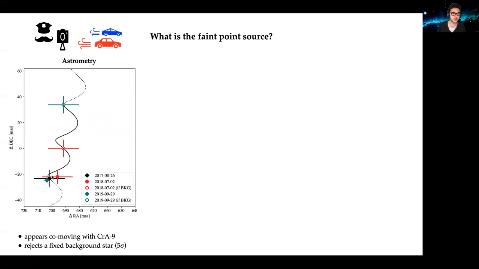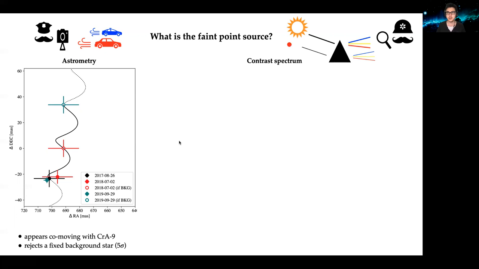When we put the relative position of the point source with respect to the star at the 3 different epochs of our observations, we see that they're consistent with each other, and they appear to reject the possibility of a fixed background star, as we would have expected the point source to move along this trajectory, considering the proper motion of CrA-9. So this is a good sign.